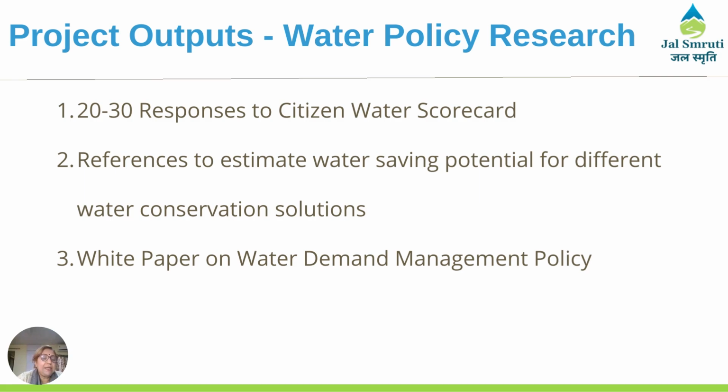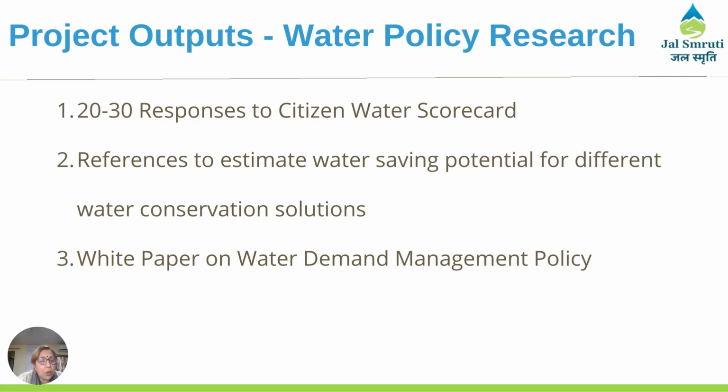It basically gives each family, whoever is taking the survey, an idea about how much water they are using within their household, what percentage gets used in which end use, how much water is used for clothes washing, for bathing, for cooking. So they get a nice breakdown of their total water use. They also get to understand how efficient their water use is compared to the standards of efficiency.